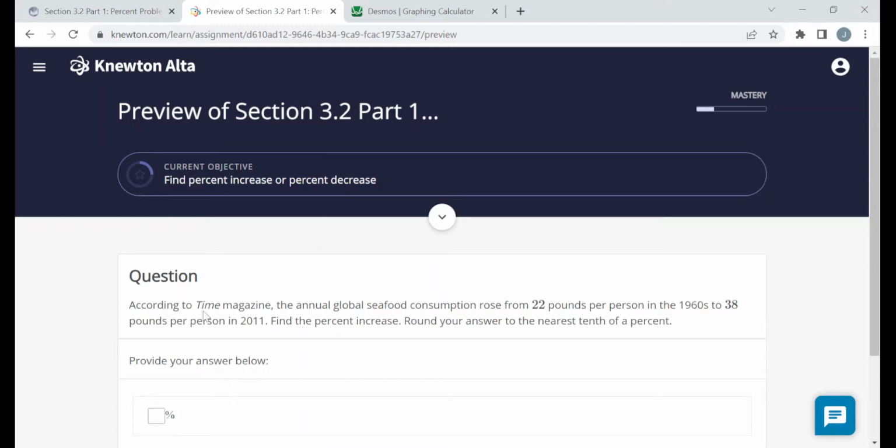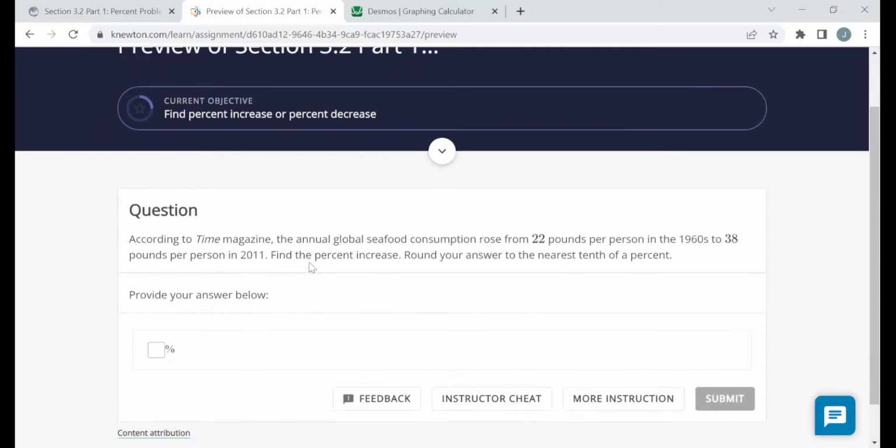So here, according to Time magazine, the annual global seafood consumption rose from 22 pounds per person in the 1960s to 38 pounds per person in 2011. So there is an increase, and they're asking us to find that percent increase and round your answer to the nearest tenth of a percent.